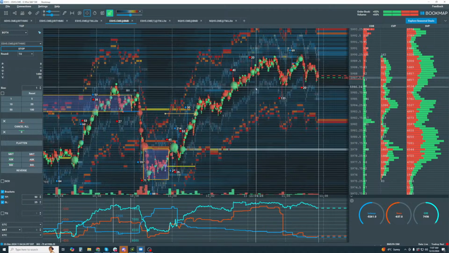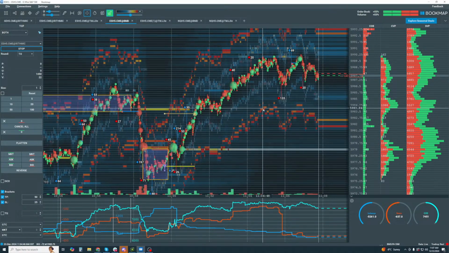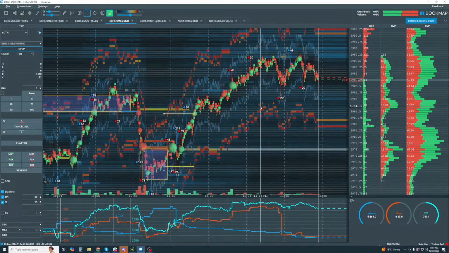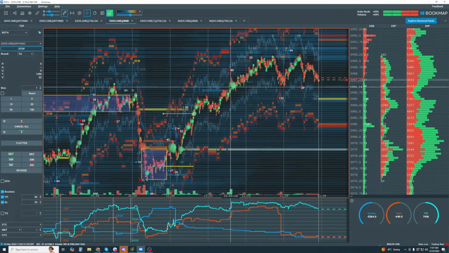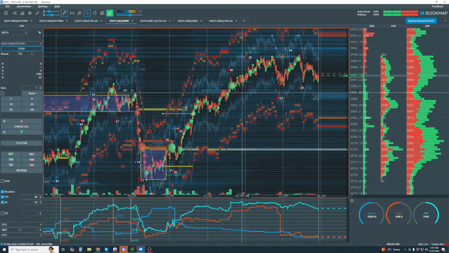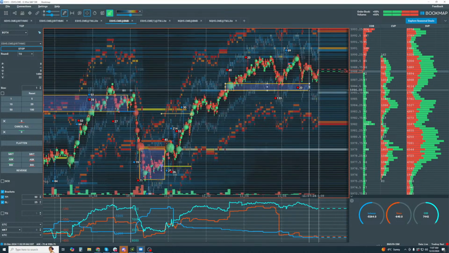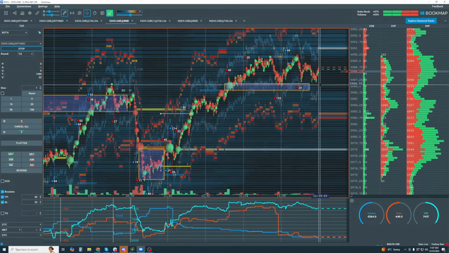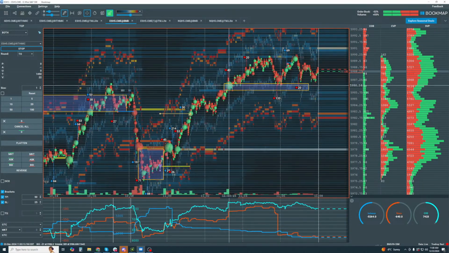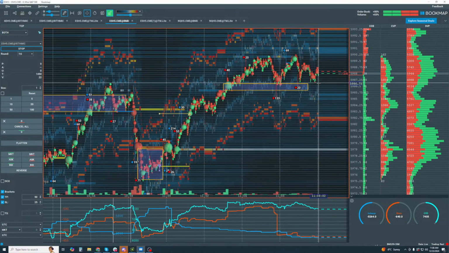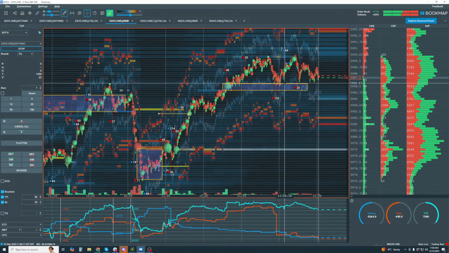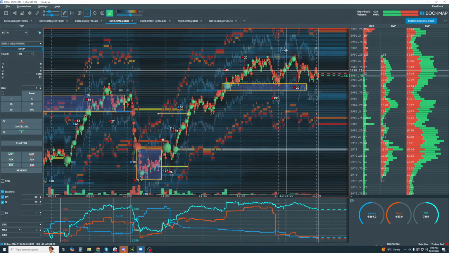Okay, so let's take a look at if Rob's in here today, and see where the buyers came in again here. We're looking to see if we get more support above it, and more demand from the aggressors above it.